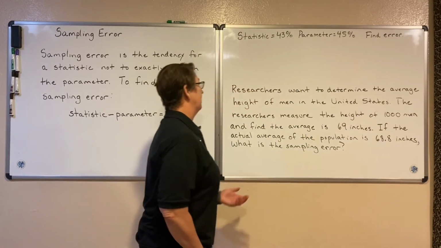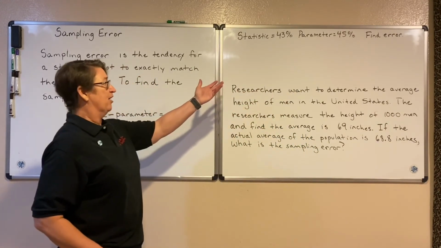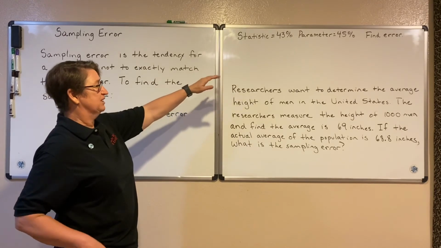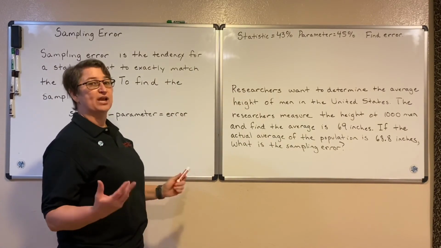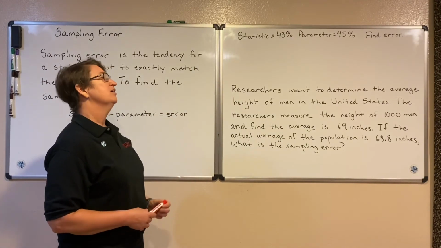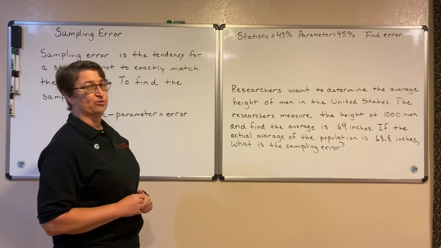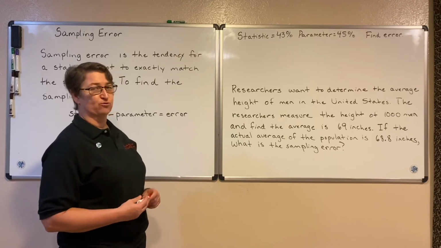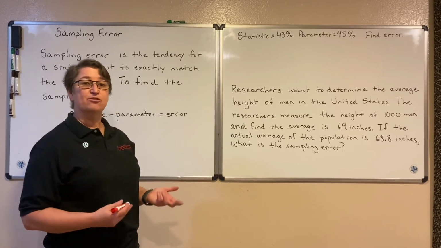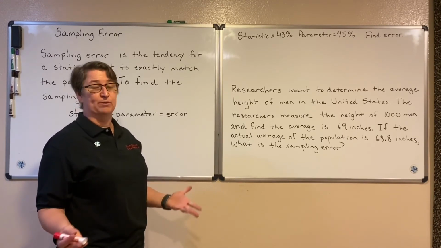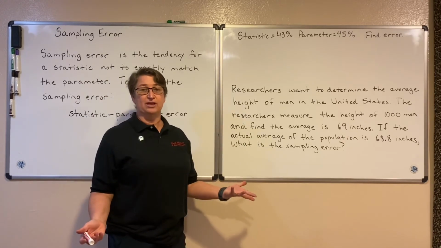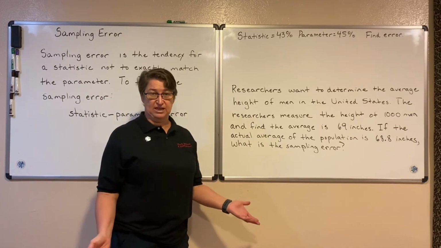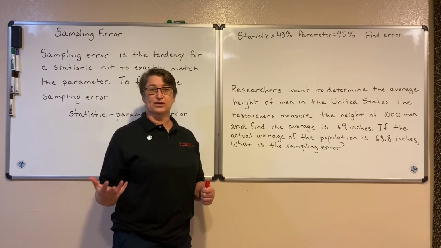So here's an example of that. Let's find the error. If we find a statistic is 43%, but in actuality, the one number to represent the data should have been 45%, or that parameter was 45%. By the way, this error may happen not because anybody's making a mistake or doing anything devious.